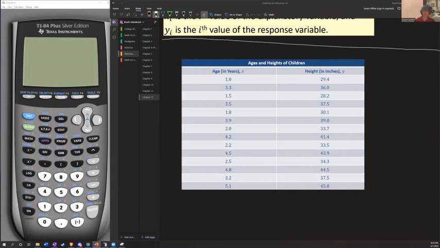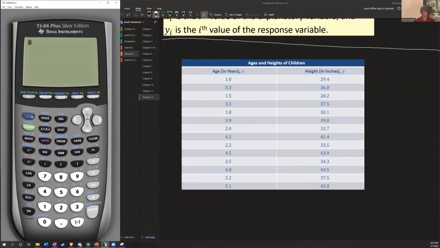So I'm going to go ahead and create these lists. I'm going to go to stat edit, and I'm just going to clear out all my lists and start with L1.